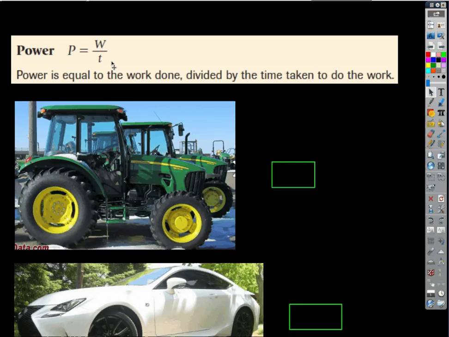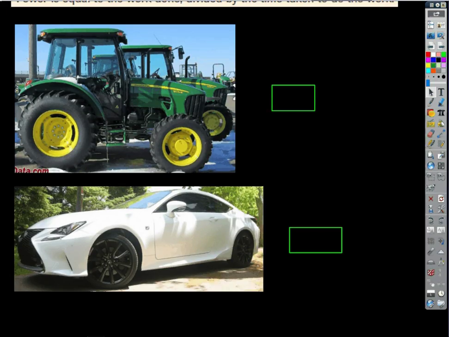You're able to change your speed rapidly. What do you think the horsepower is of that car? 380. 467. That's a big time engine. I don't even know, I just pulled it. I know that's the horsepower rating that went with that car though. What do you think the horsepower rating is for that massive tractor?